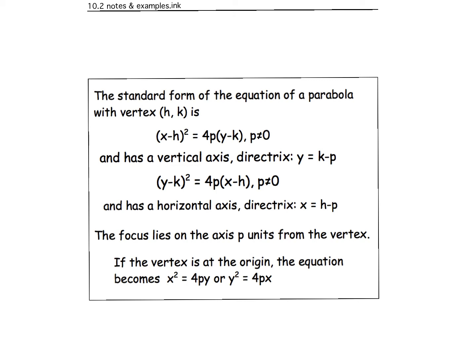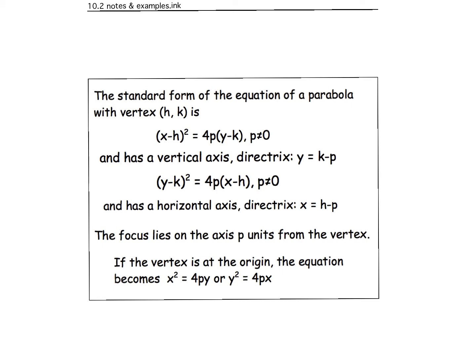So we're going to take a look at where this focus point is relative to the vertex, and that can be the most helpful in determining, am I going to end up having an x squared term or a y squared term? Both of them look exactly the same, except the x's and the y's are switched.